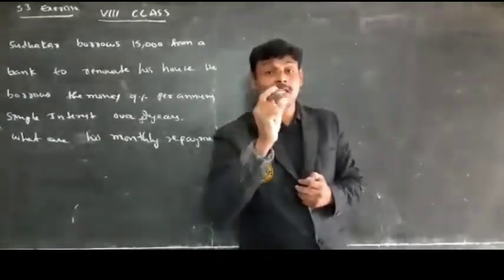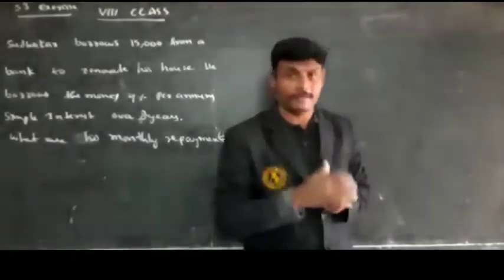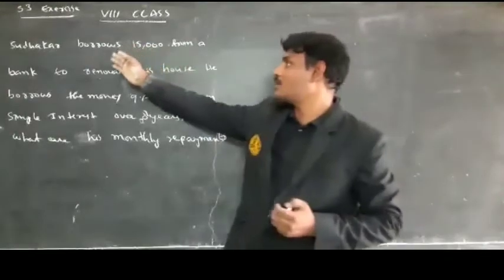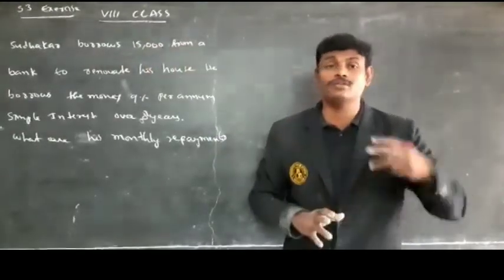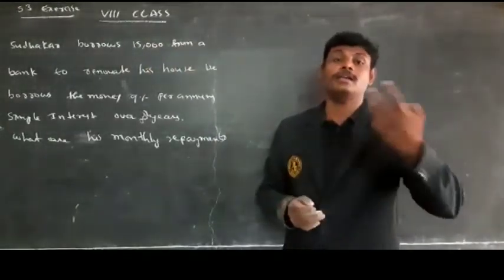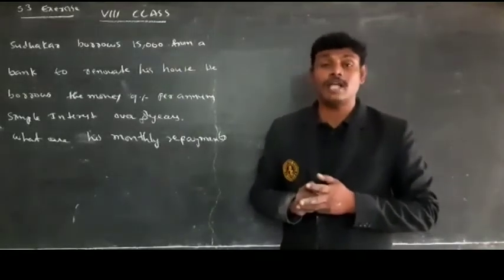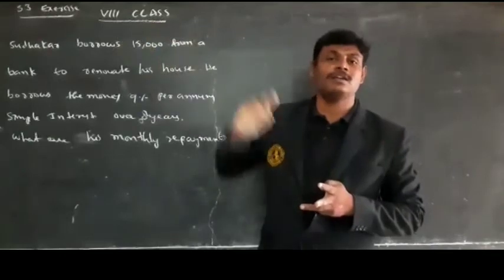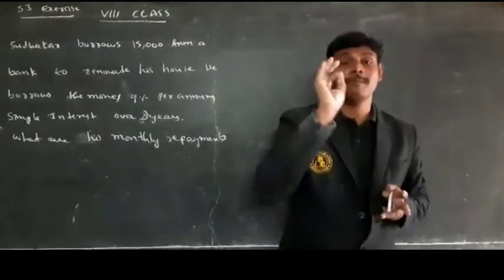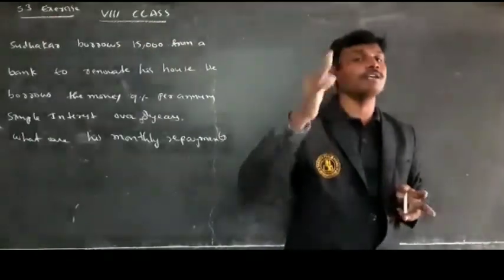What is the monthly installment of Sudhakar? You have to find it. He borrows 15,000 from a bank to renovate his house and he is paying that amount as an installment. What is the time duration? 8 years. You have to find the monthly installment amount of Sudhakar.